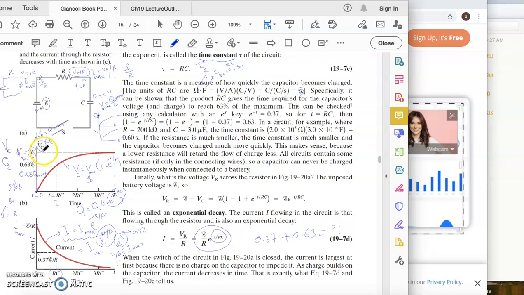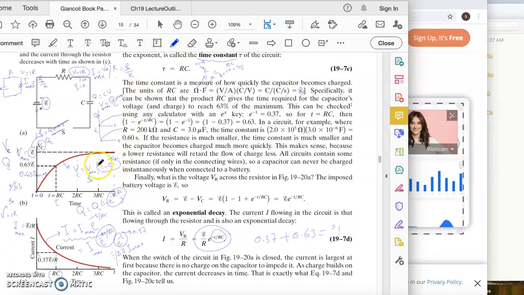The voltage across the capacitor in the charging process is increasing in an exponential way, explained by the equation: the voltage across the capacitor is equal to the maximum voltage of the power supply, epsilon, times 1 minus exponential of minus t over tau.